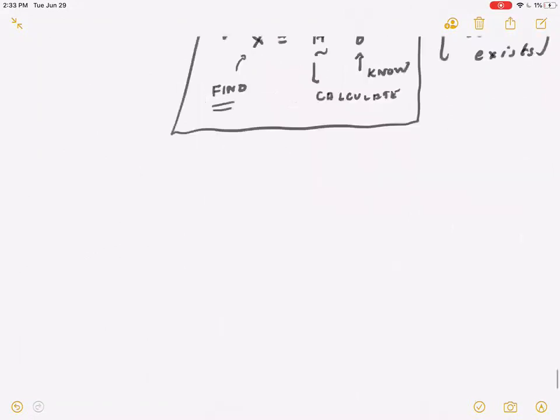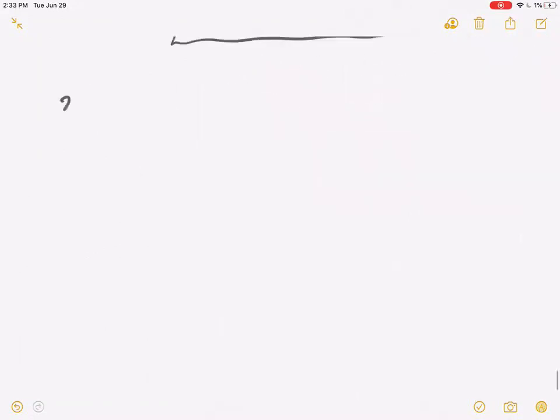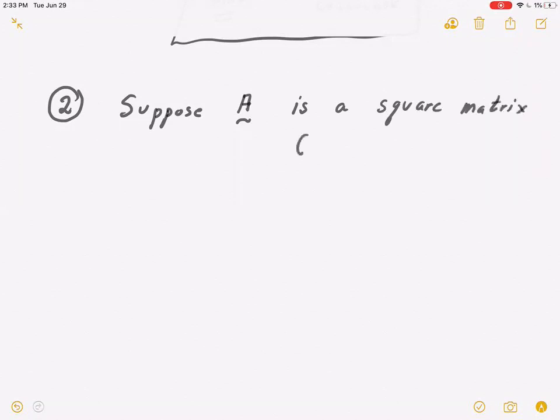Let's look at a second case. You can obtain that by just looking at case 1 and turning it upside down. So suppose A is a square matrix of order n.